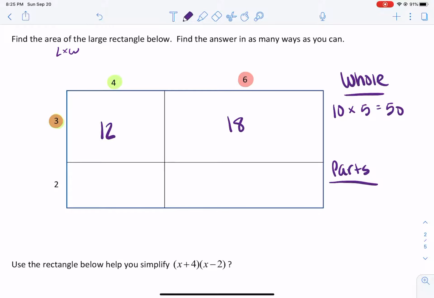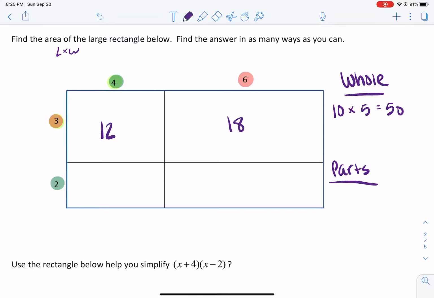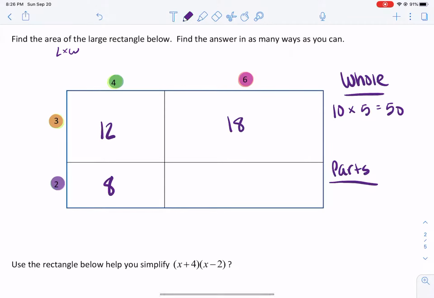Okay, or this next one, 4 and 2 make 8. And the last part here, 6 and 2, so 6 times 2 is 12. Then we could add them all together, which gives us 50.